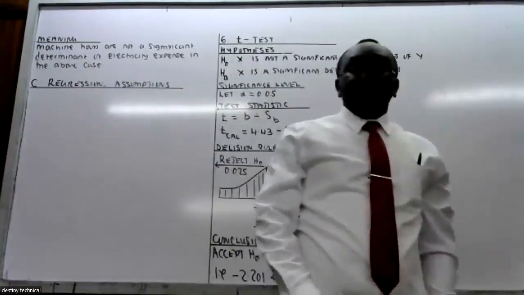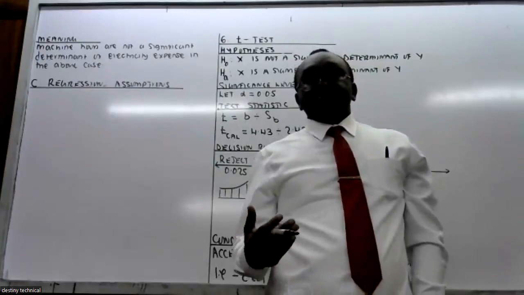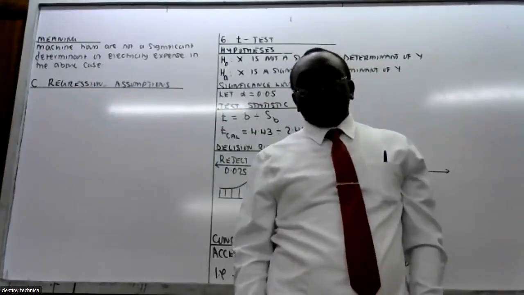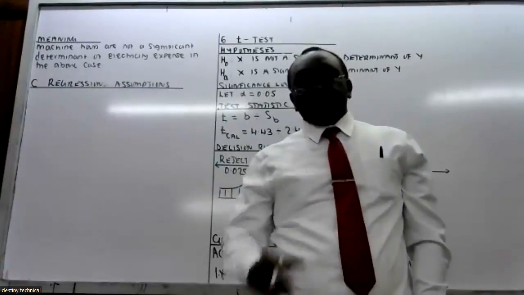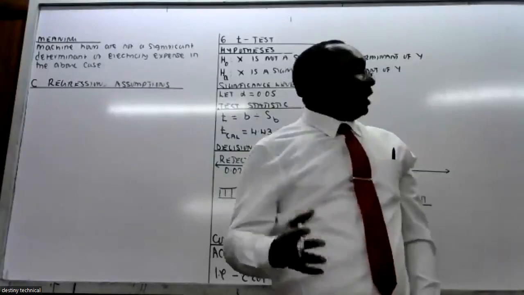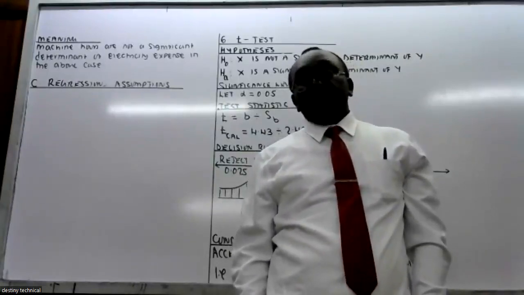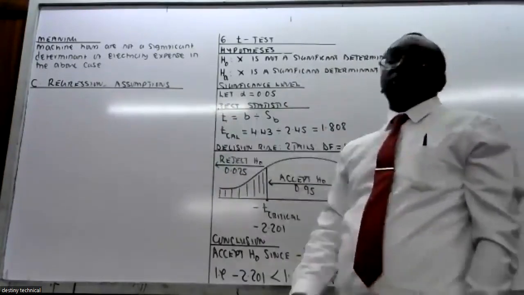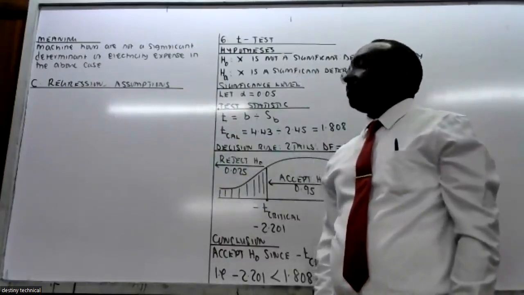Now, as you can see in the notes, an assumption is simply a condition that must be met in order for certain results to be achieved. And when you violate those assumptions, the results will not be as per the expectations.